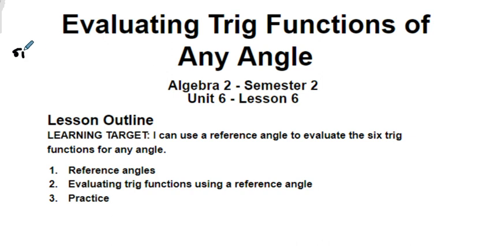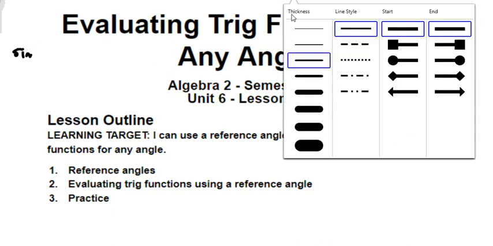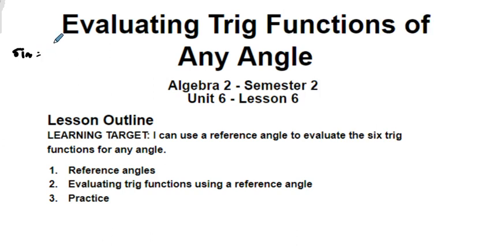So you have your sine, which is opposite over hypotenuse, you have your cosine, which is adjacent over hypotenuse, and then your tangent, which is effectively sine over cosine, but because your hypotenuses cancel, it's opposite over adjacent. That's how we look at it.